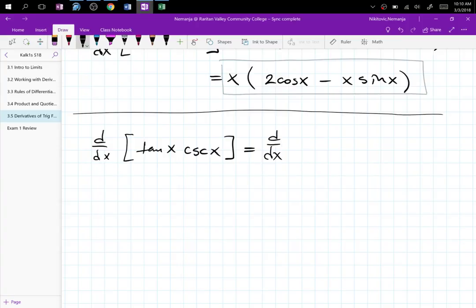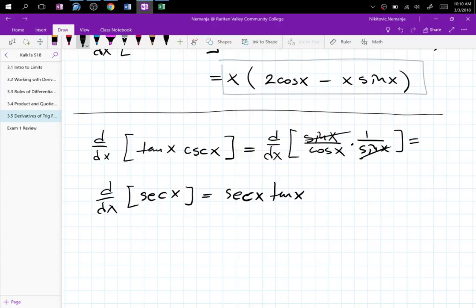So it's the derivative of sine x over cosine x times 1 over sine x, then the sines cancel, and then we have the derivative of secant x, which is secant x tangent x. Good. Okay.